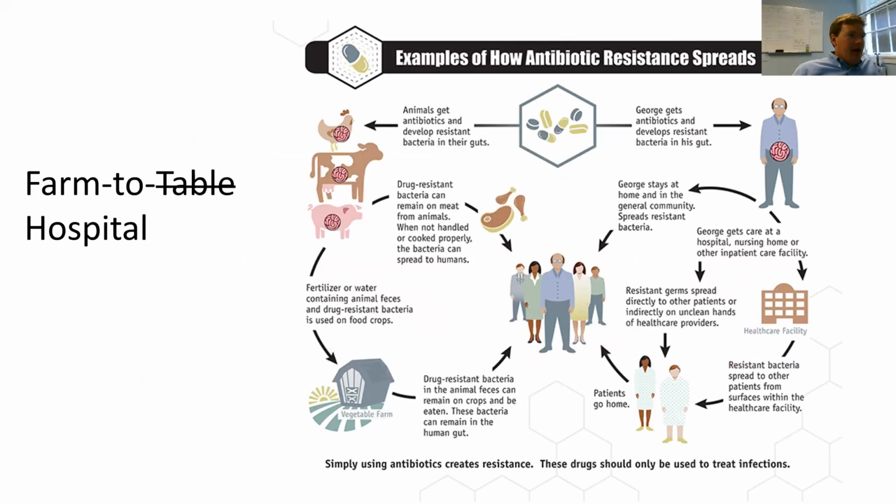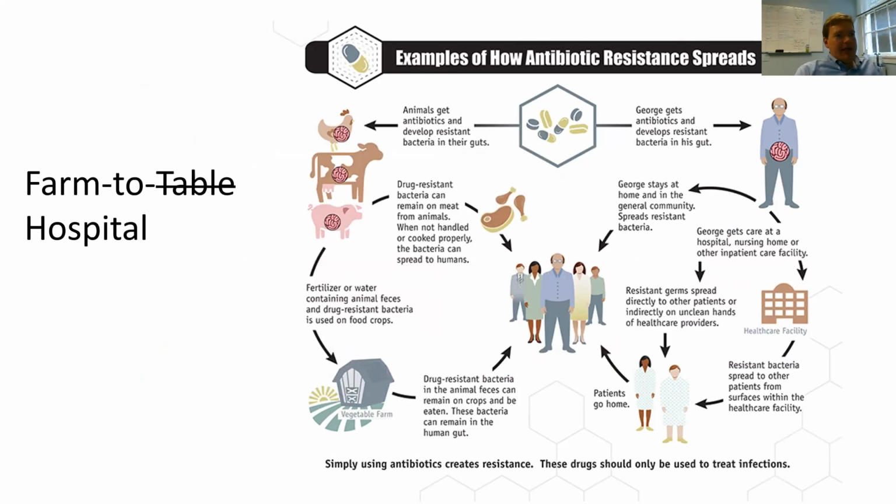Their stool gets used as fertilizer, or the runoff from the fields gets into the water supply. That fertilizer then gets sprayed onto lettuce, and that can then be ingested by humans. So that's one portal for antibiotic resistant organisms to get to humans.